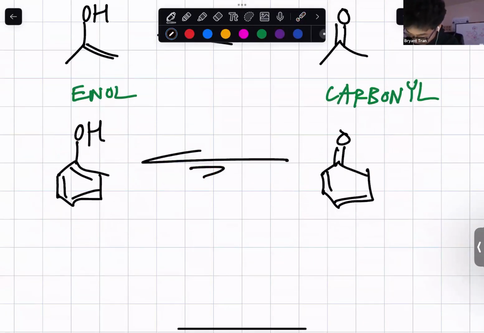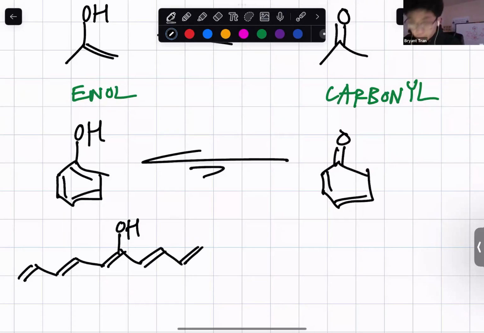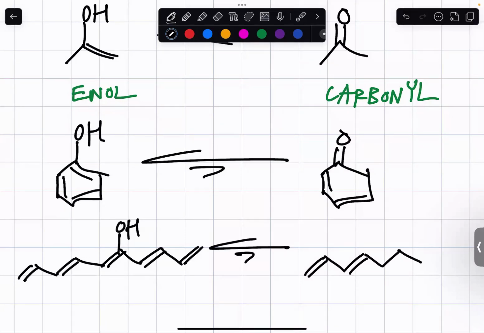Another example would be something like this, where that enol form is going to be major over this carbonyl form right here.